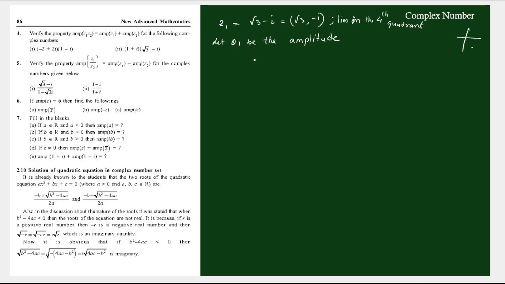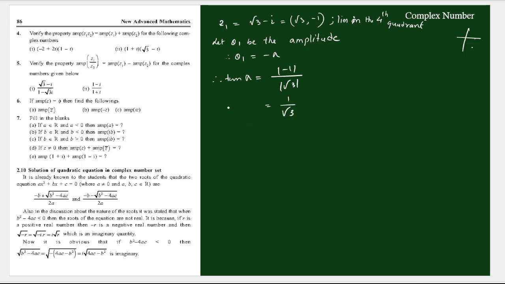Okay, then in that case, theta 1 equals minus alpha. Now find tan alpha. Y is minus 1, x is √3, so 1 by √3.